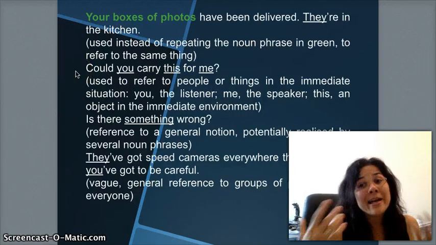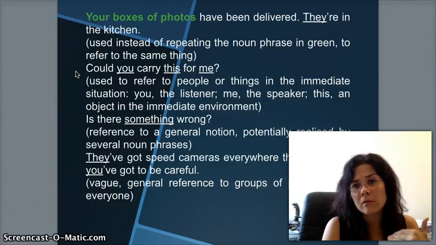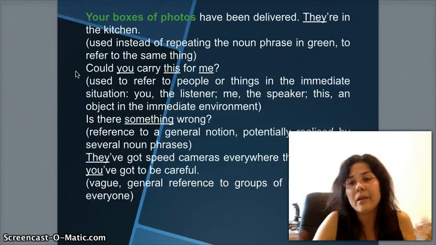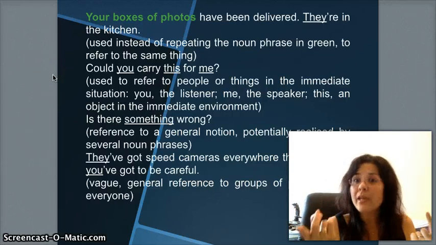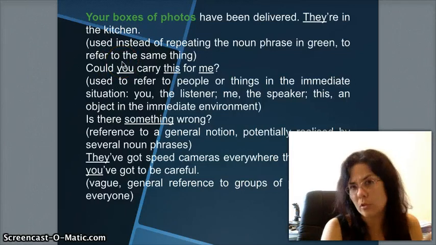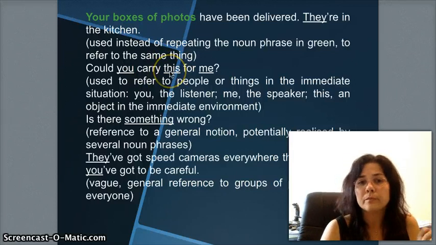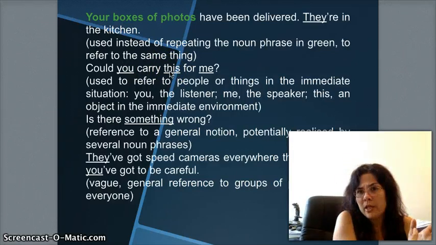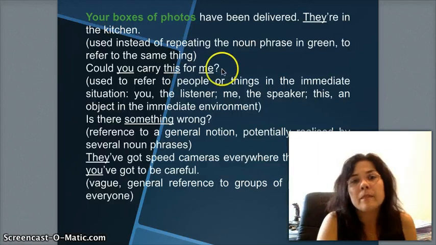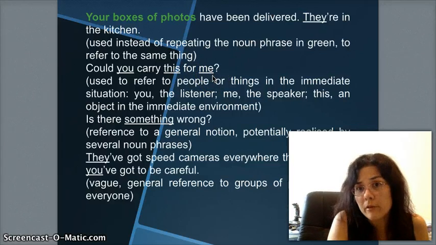We can imagine that somebody is talking to somebody else. Let's say I'm talking to somebody. So if I say, could you carry this for me? You is the person I'm talking to, my listener. This is an object that I'm pointing at or showing, okay? And me, I'm referring to myself, the speaker.